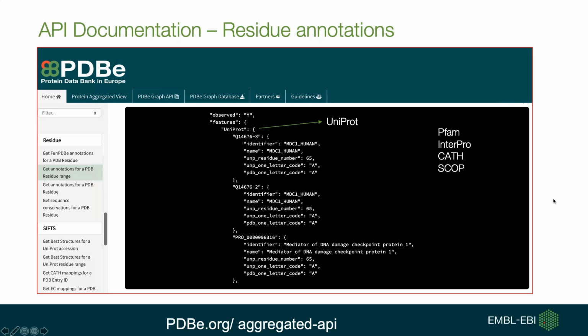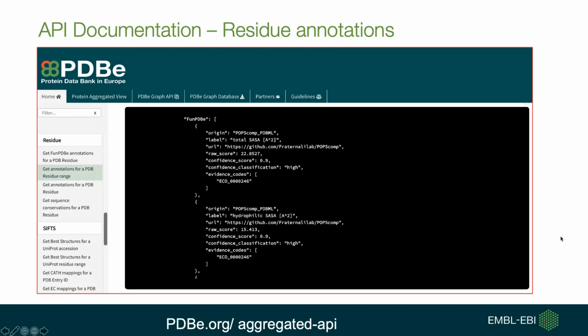Similarly, we have other mappings like Pfam, InterPro, CATH, SCOP, etc. And also the annotations from the PDBe-KB partners can be retrieved from the funPDB field. For each partner, you can see the origin, the URL to the particular resource, and the different scores like the raw score, the confidence score, etc.